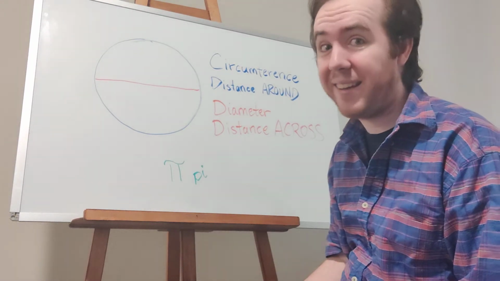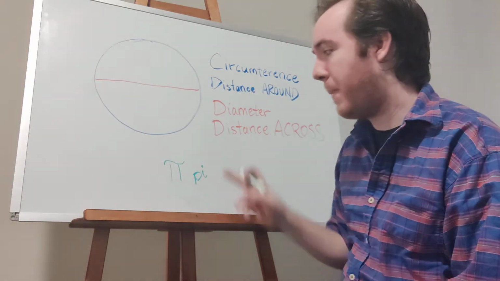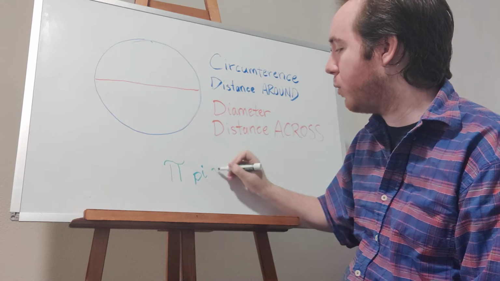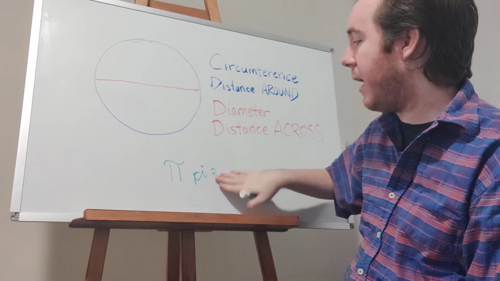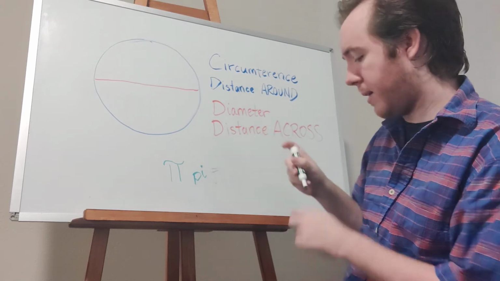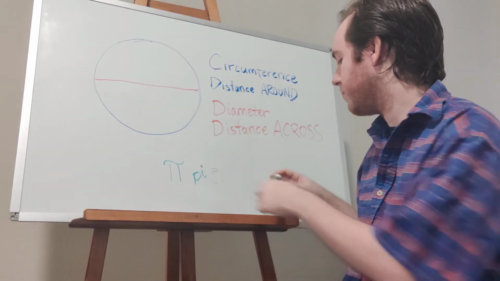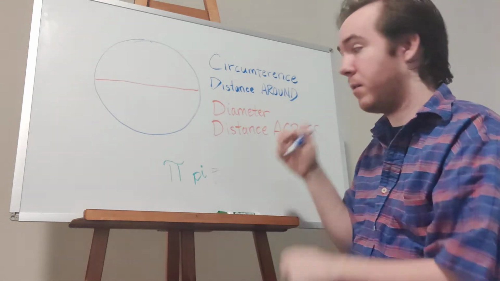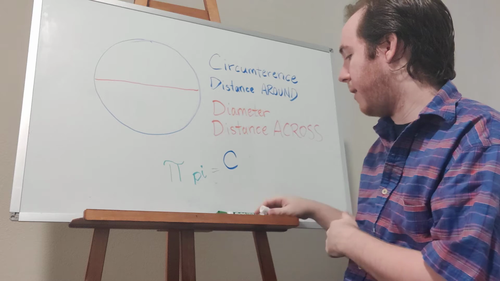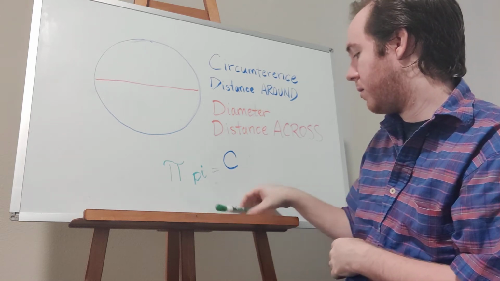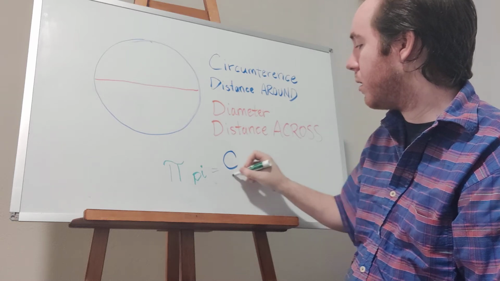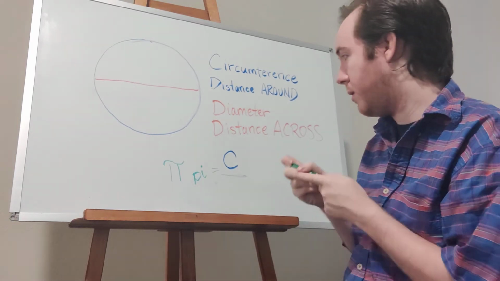Just written as pi, not PIE, but pi. And it is approximately, well, I can say equal, but I simply say it is the circumference divided by the diameter.